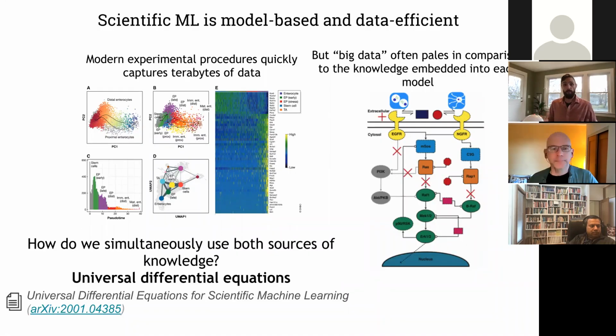In general, we've been calling this within the Julia ecosystem scientific machine learning, where we have some model, right? We have some model-based system representation of what we think should happen. It might not be perfect. It might be computationally challenging. It might be very difficult to get its answer. It might be tough to work with, but there is some model, right?